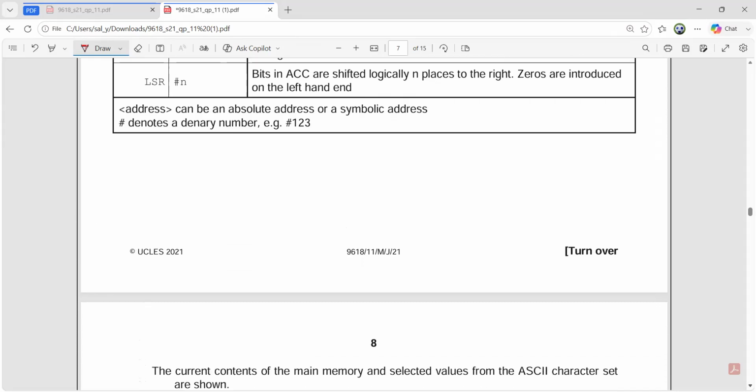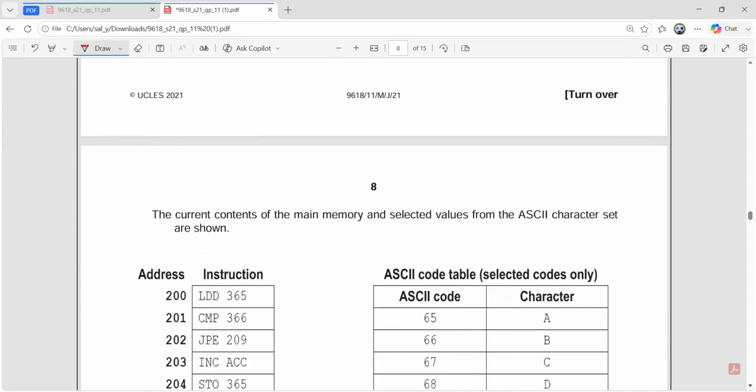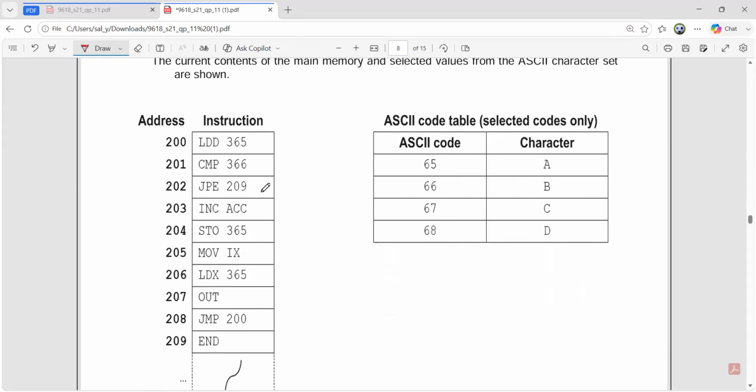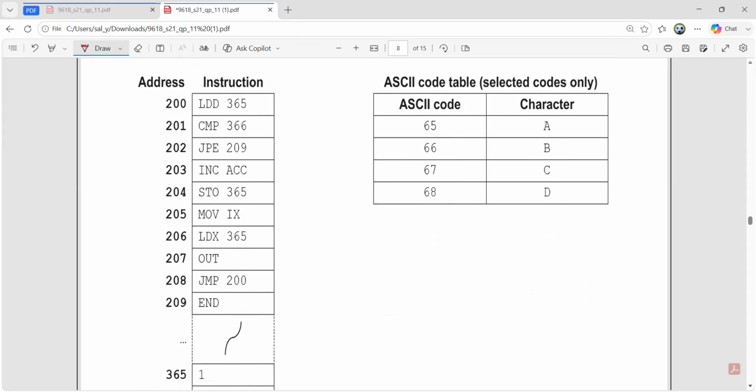Now let's move to the question. The current contents of the main memory and selected values from the ASCII character set are shown here. There are addresses, as you can see here: 200, 201, 202, 203, 204, 205, 206, 207, 208, and 209. On 209, it is the END instruction that is there.